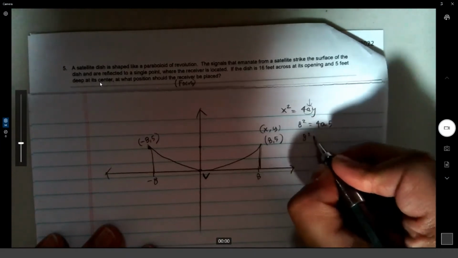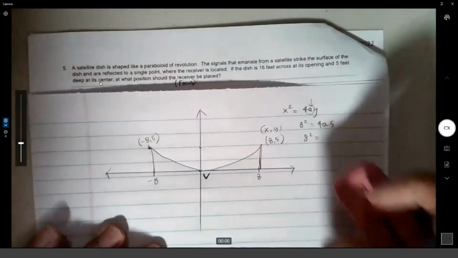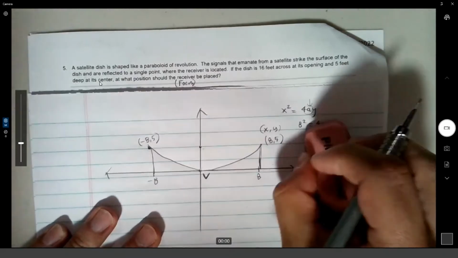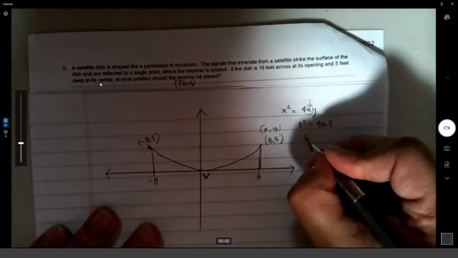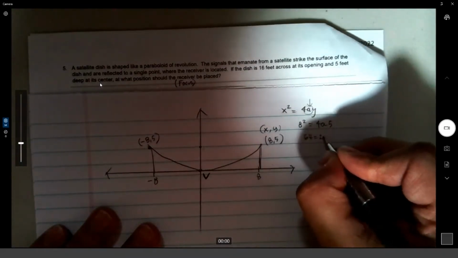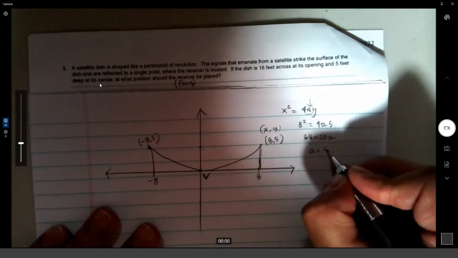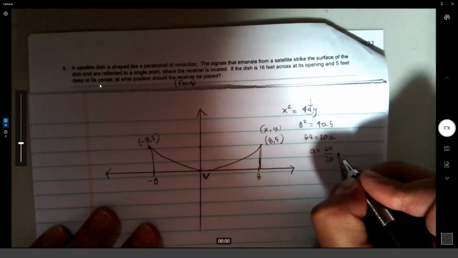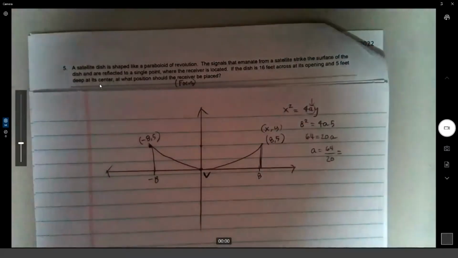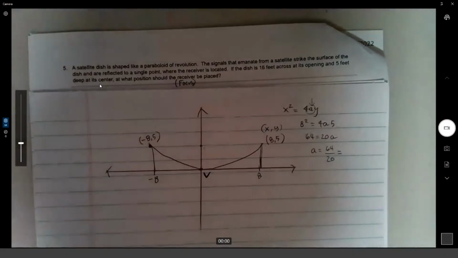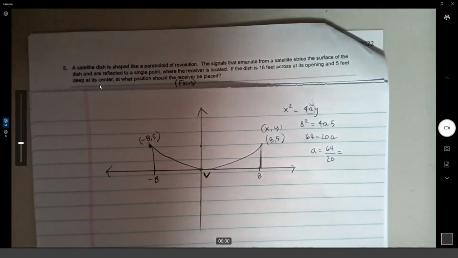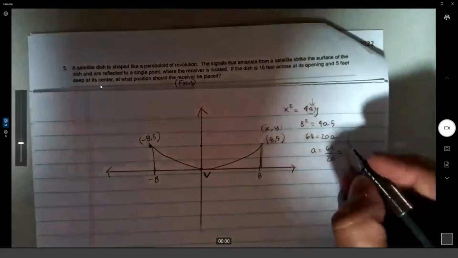That is, let me just write 64. That is 64 is equal to 20a. A is therefore 64 divided by 20. And since it is an application problem, I would like to know how much this is. And this is beautiful, 3.2.